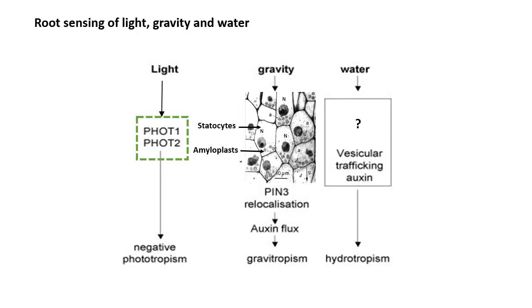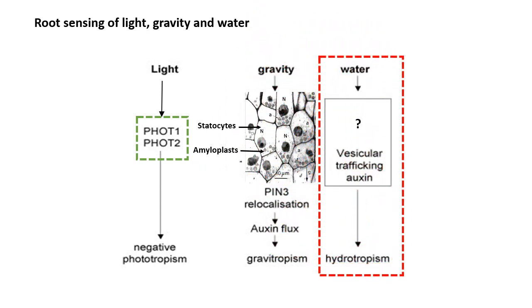However, the mechanism by which roots display hydrotropism is not so well understood. The moisture gradient and the gravity force are both detected in the root tip, and they both trigger a growth response in the elongation zone, which is highlighted here.